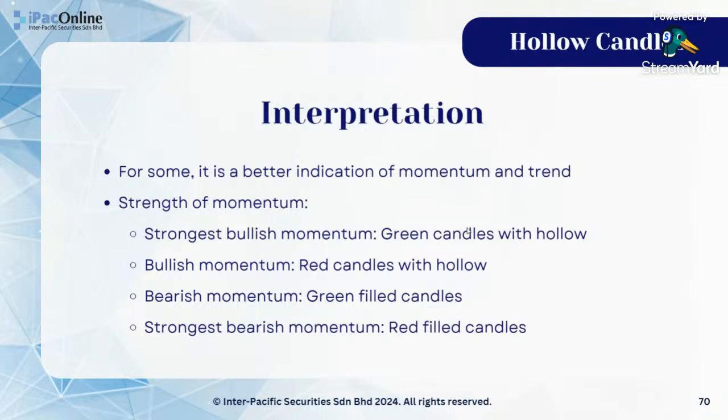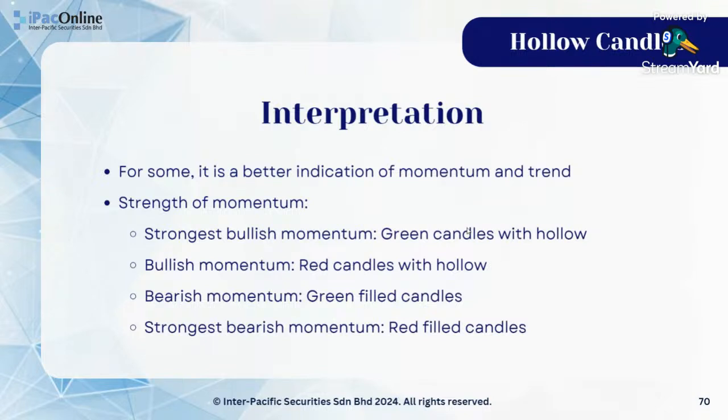Meanwhile, for those green candles with a filled body, that could be an indication for some traders that it could be signaling a potential bearish momentum or weakening buying interest in the market, whereby profit taking could be coming in. People are selling and putting pressure below the opening price, and on the next day, it could turn into continuous selling pressure.